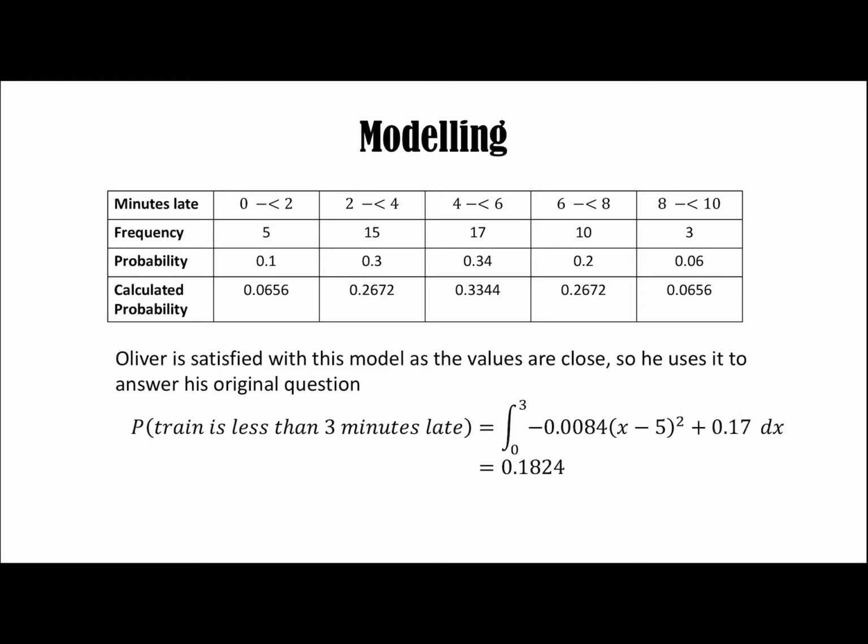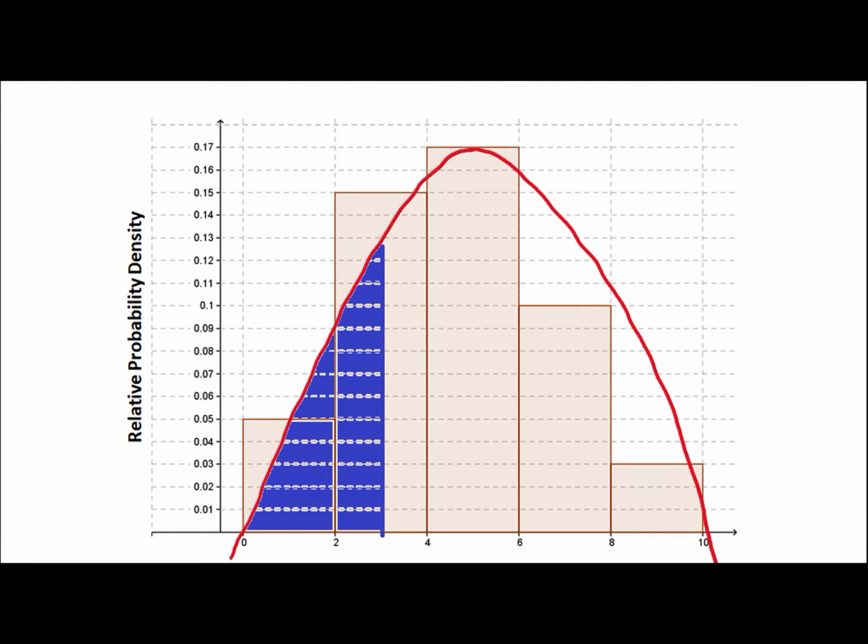And he finds this by finding out the area under that curve from 0 to 3, which means integrating that function from 0 to 3, and which comes to be 0.1824, corrected to 2 decimal places is 0.18, and it is shown as the shaded region under the curve, which is 0 to 3. So that probability of train being less than 3 minutes late is the area under the model curve, which is the probability density function.